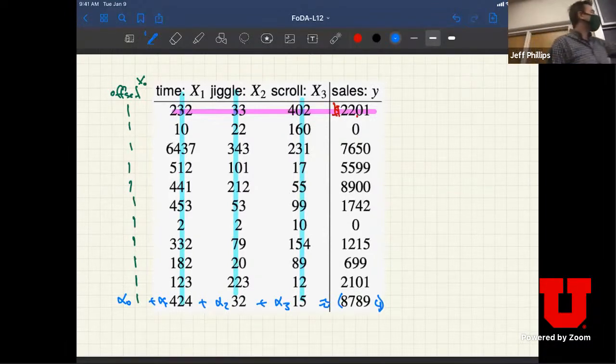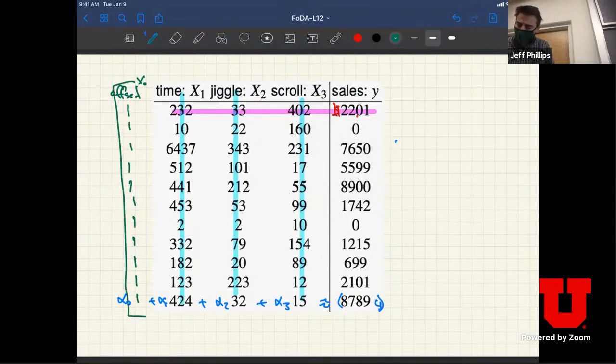So I'm going to want to build a model like this. And if I want to build this as a dot product model, I need to add this one column here in front.